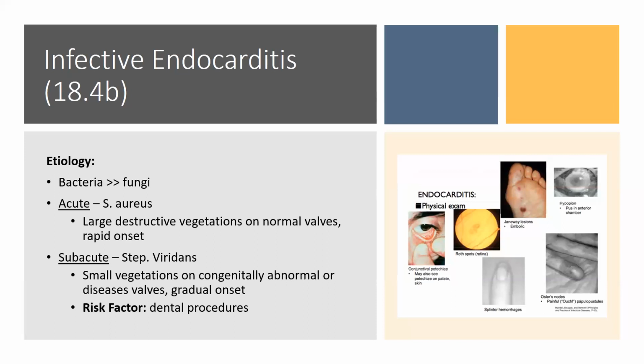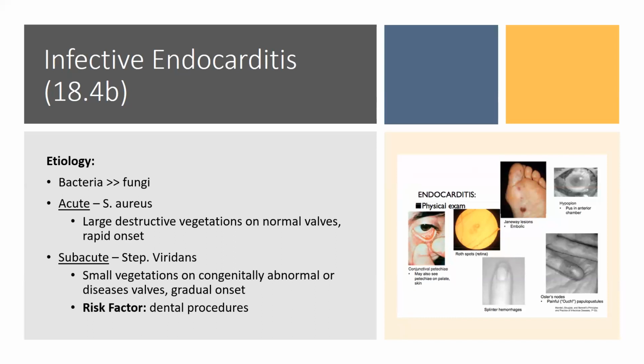If it was like 2 weeks or less with a quick onset of symptoms, I would go with Staph aureus. If it was a slower onset of symptoms, or if they said insidious onset or anything like that, strep viridans. When in doubt, they're both really good answers. So it would really have to be the timeliness, or if they mentioned anything about dental procedure or congenital valve, that would lead me to strep viridans, versus Staph aureus if it's a normal valve.